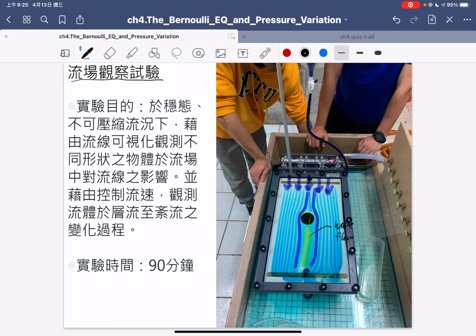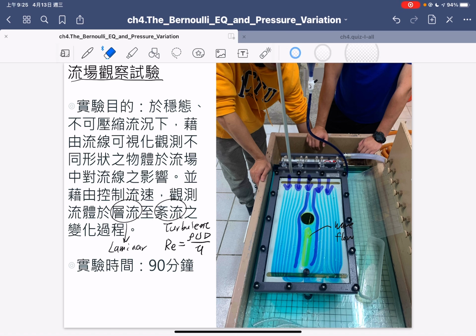So the most important thing in this laboratory experiment is that we would like to observe laminar flow and turbulent flow. So the two ideas: this is laminar flow, and this is turbulent flow. And as you remember, we have the Reynolds number equal to rho u d divided by mu.